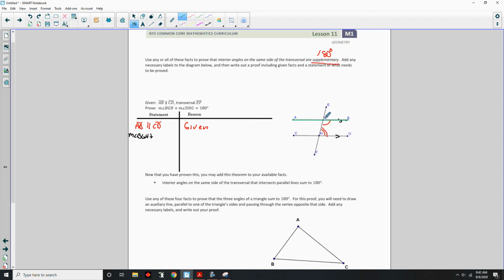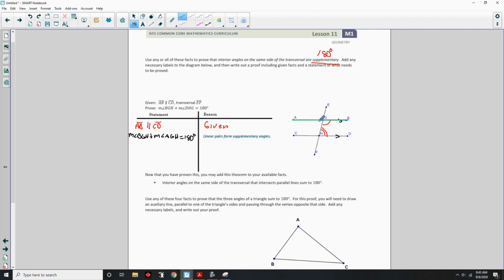So I'm saying the measure of BGH plus the measure of AGH equals 180 degrees. Okay, reason: linear pairs form supplementary angles. The next thing I want to do is go back to my pen.